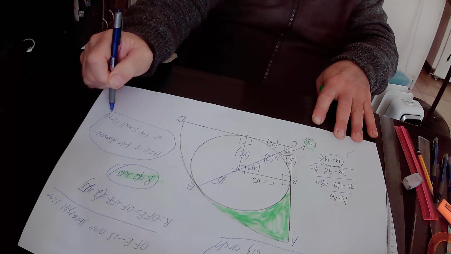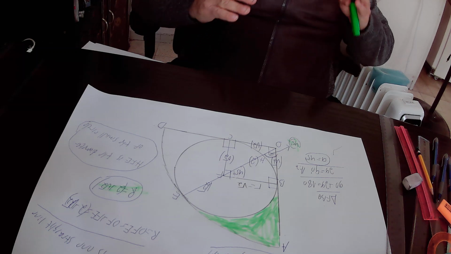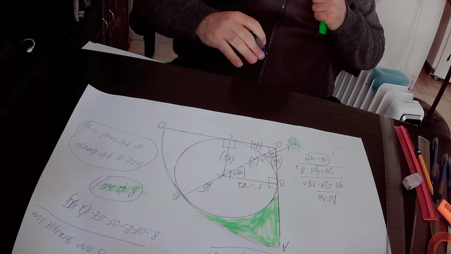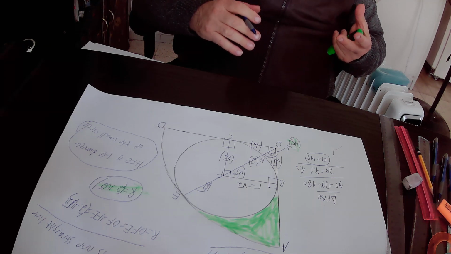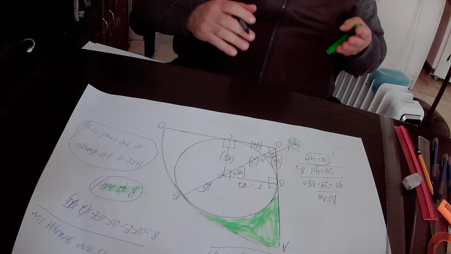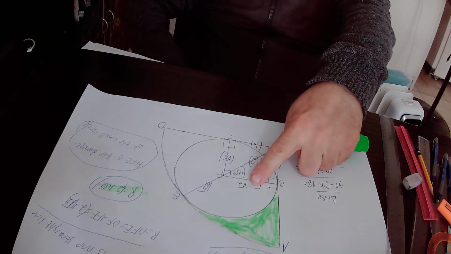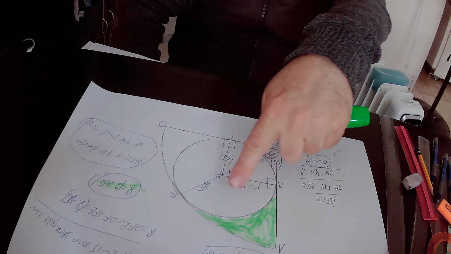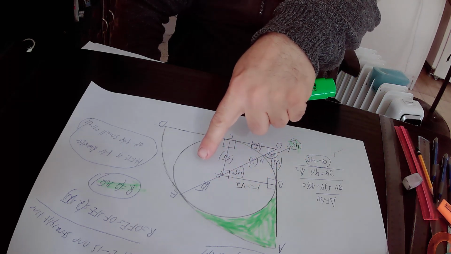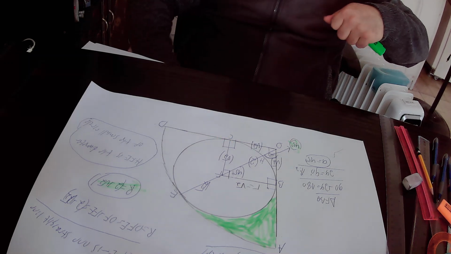We know that the diameter of any circle bisects the circle into 2 halves. Each half is half of the area of the circle. So this part is half of the area of this small circle, and the other part is the second half of the area of this small circle.